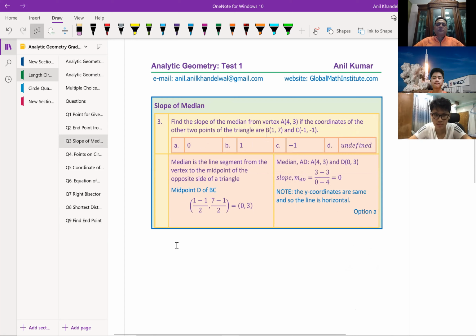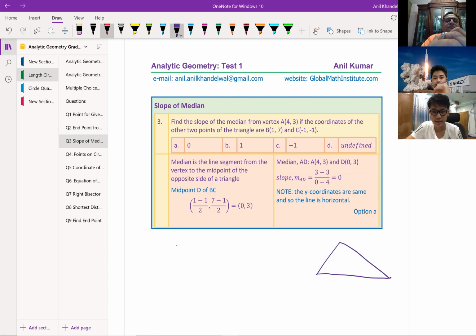Now, here is question number 3, which says, find the slope of the median from the vertex A, which is 4, 3, if the coordinates of the 2 points of the triangle, B and C, are given to you, right? So basically, do you understand what is the median?